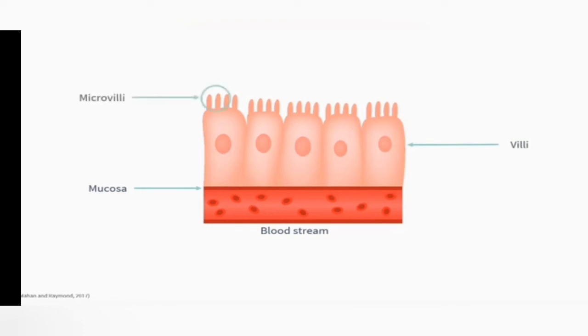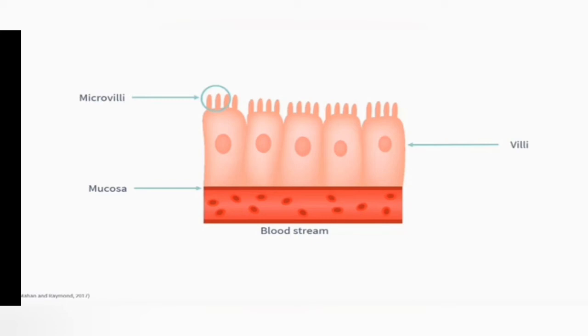And blood is a carrier, a nutrient transport medium, so it can transfer the nutrients and food energy all over the body. In villi there are small projections known as microvilli.